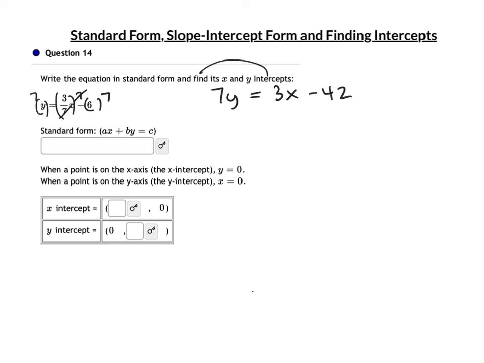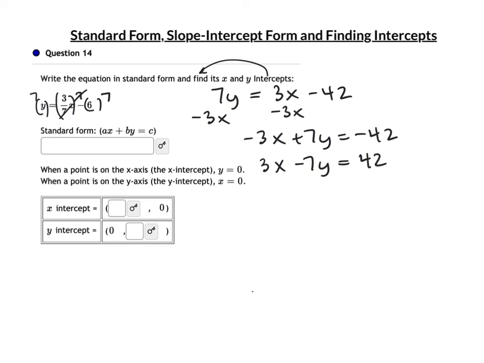Now I'll move the 3x over and subtract it from both sides. So negative 3x plus 7y equals negative 42. You can divide by -1 if you like and change every sign. These two are the same equation, as I've mentioned before.